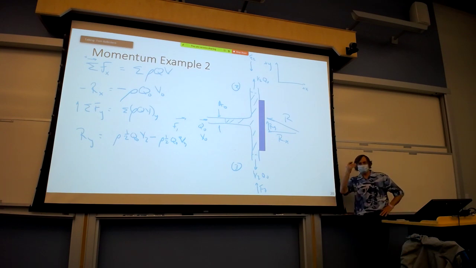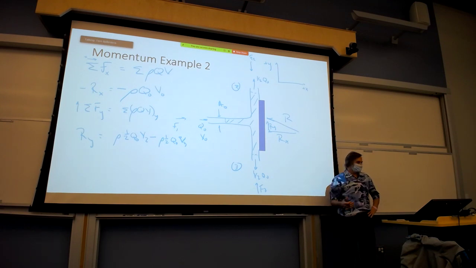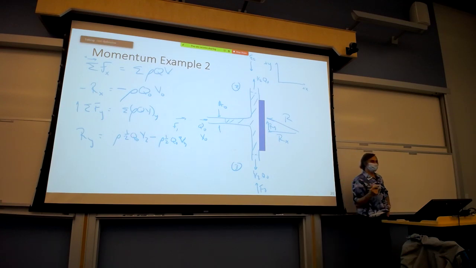It would be really nice if we had an equation that could help us estimate or calculate V2 and V3. We can't use continuity because we don't know the cross-sectional area. Is there any other equation in your toolbox? Like energy?